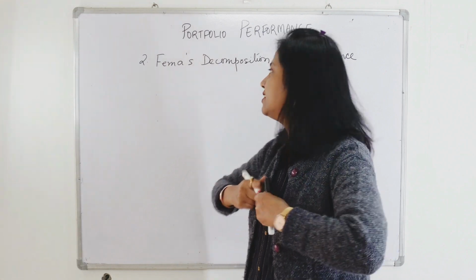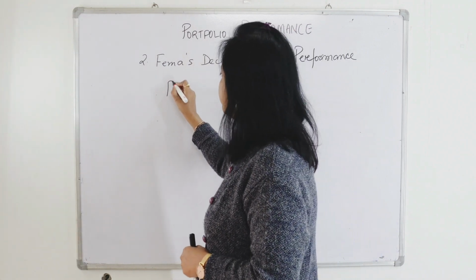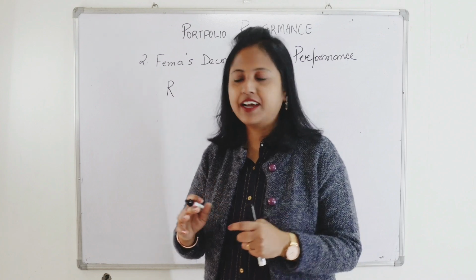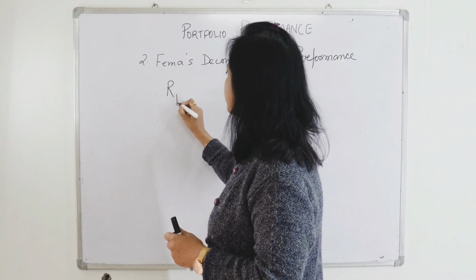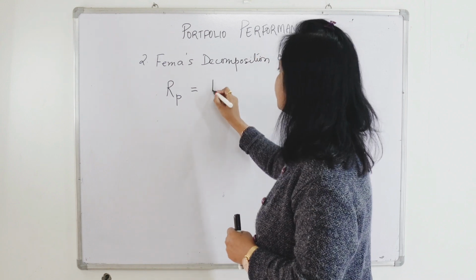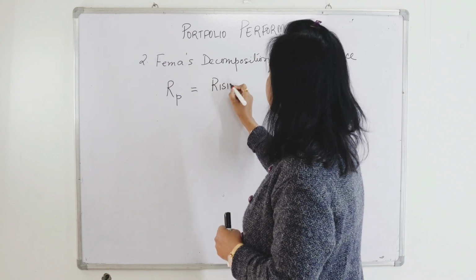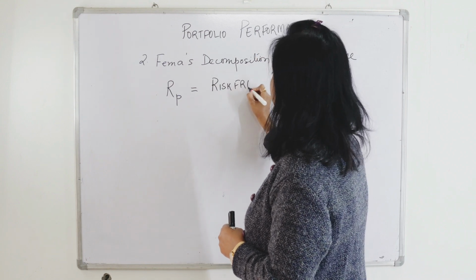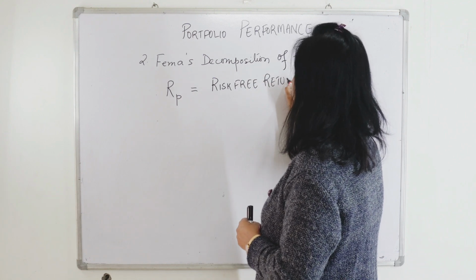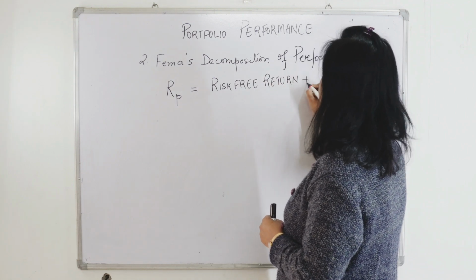So friends, this method believes that whatever is the return of a portfolio is coming because of some risk-free return, because you are getting a return which is over and above the risk-free return, plus excess return.